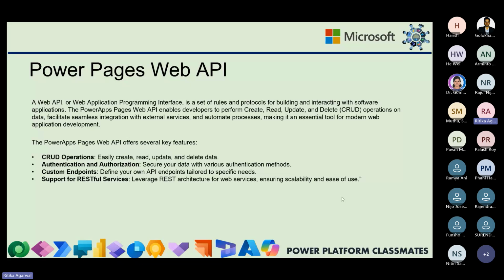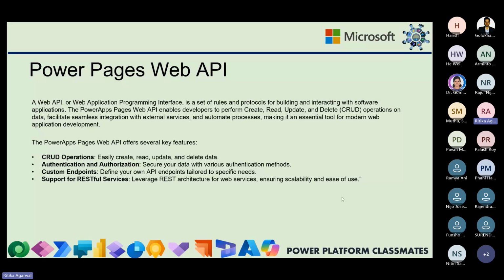If somebody has already worked on a Power Pages application, then they must be aware there are basic forms and then there are multi-step forms, which we usually use to feed the data into the system, basically for performing update or create operations. Apart from that, we have the list controls, which we use to show the data from our tables.